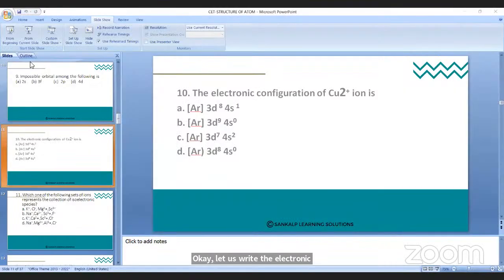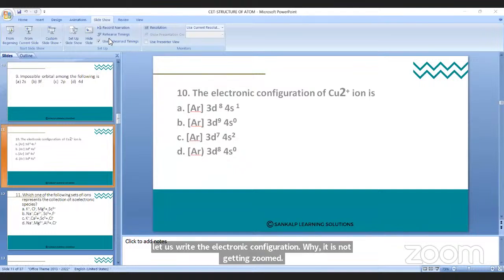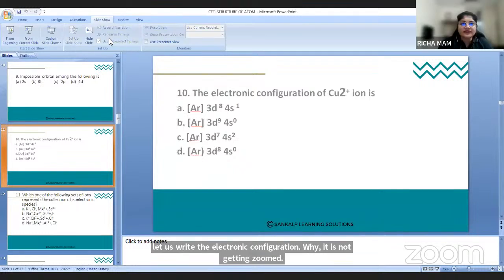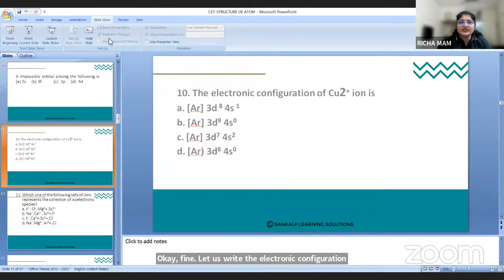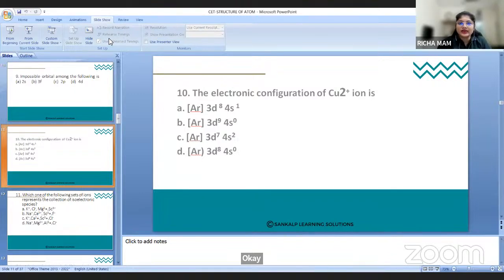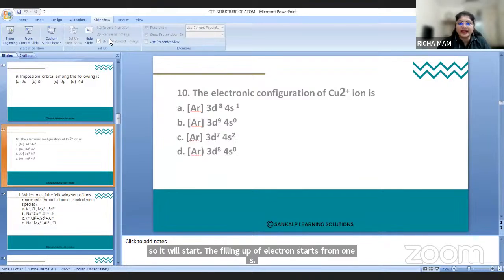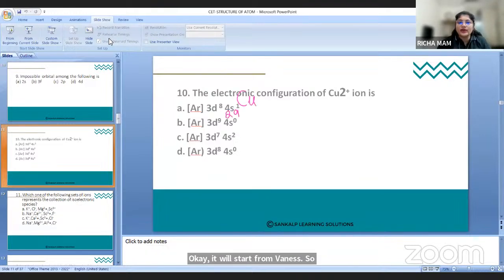Okay, let us write the electronic configuration. The filling up of electrons starts from 1s. Copper has atomic number 29. What do you mean by copper +2, students?